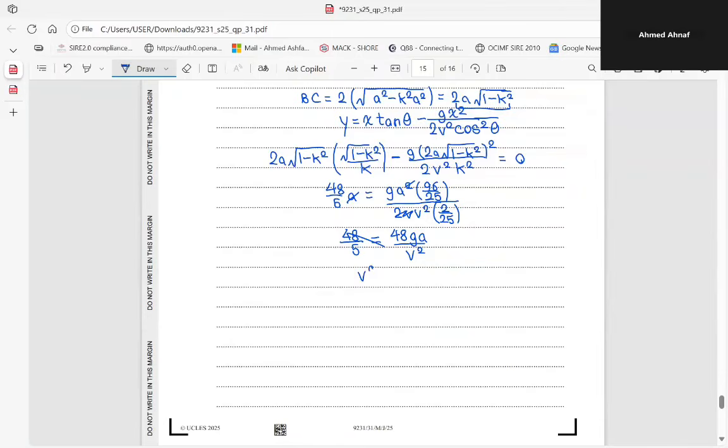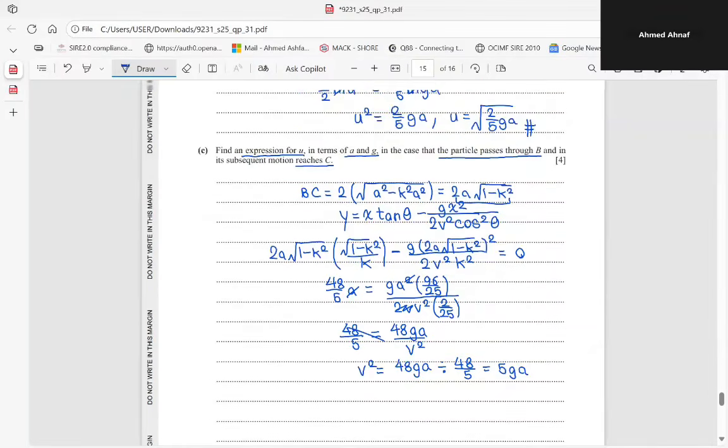So V squared would therefore be 48 g a divided by 48 over 5, you get 5 g a. So this is the value for V squared.